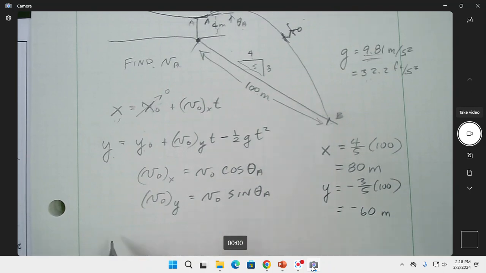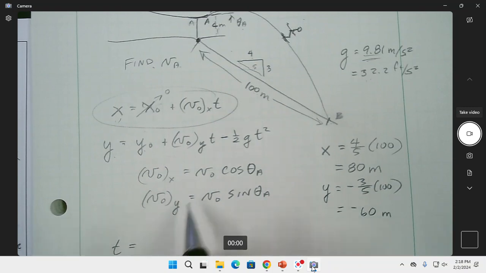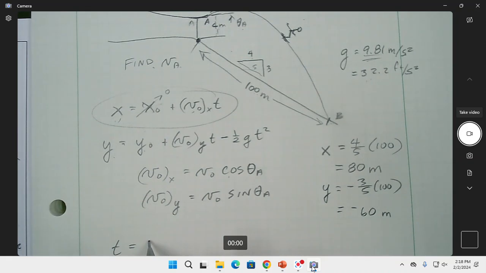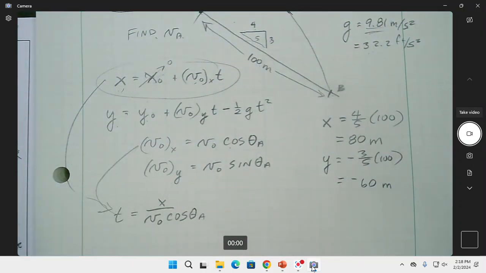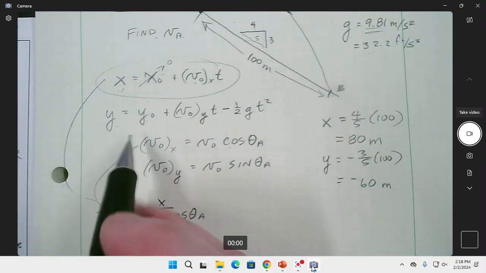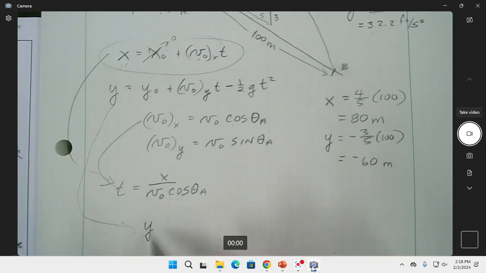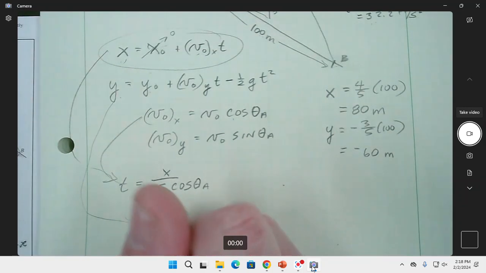Let's go back to this. I'm going to combine this with this. A typical thing to do is to say that time is going to be equal to x over V0 times the cosine of theta A. So I have combined these two things to get that. And then I'll combine this right here and move that back into place.